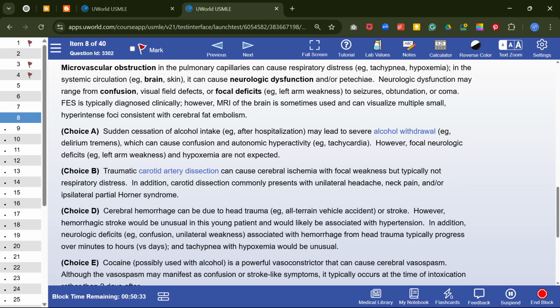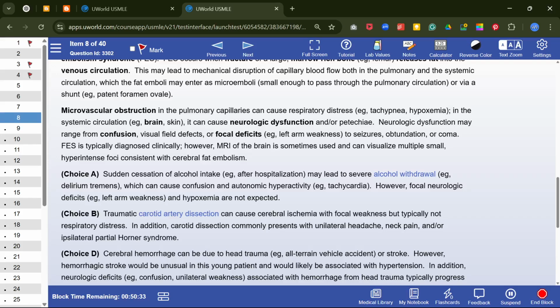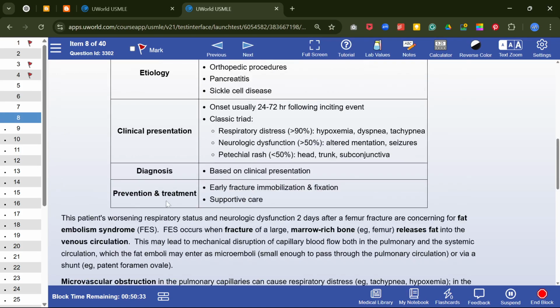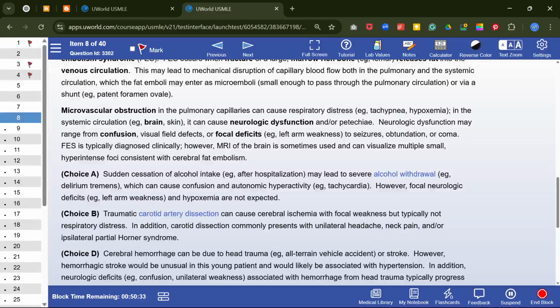Initially, it looks like alcohol withdrawal, but it is not. Okay. Now look at option A first. Sudden cessation of alcohol intake may lead to severe alcohol withdrawal, which can cause confusion and autonomic hyperactivity, tachycardia.